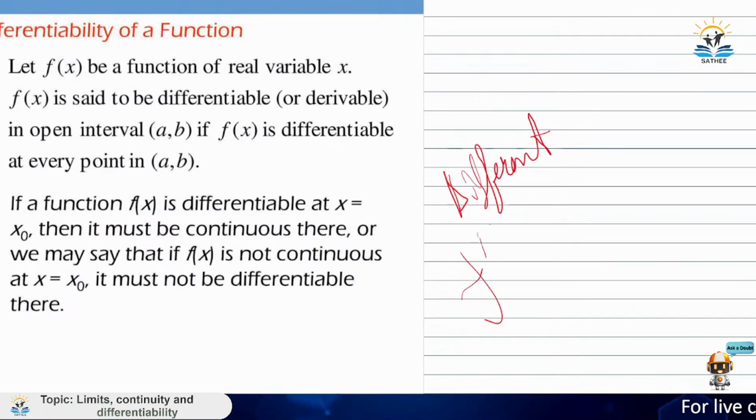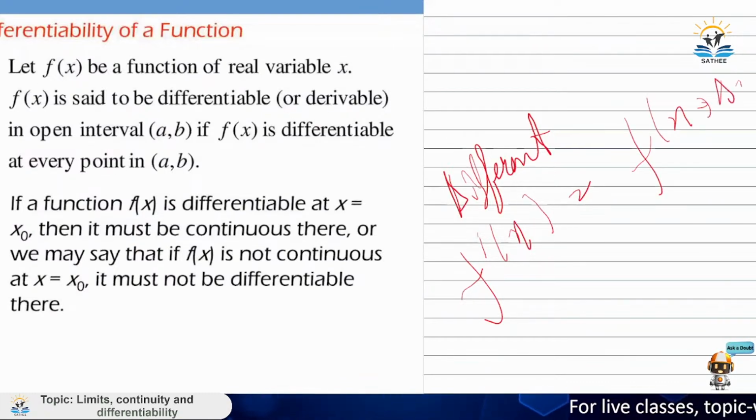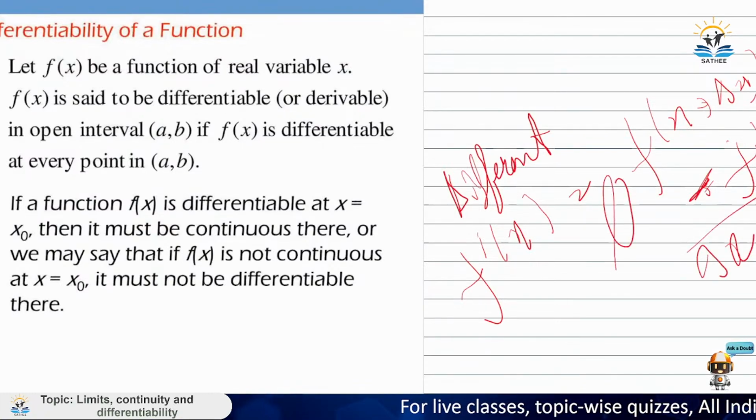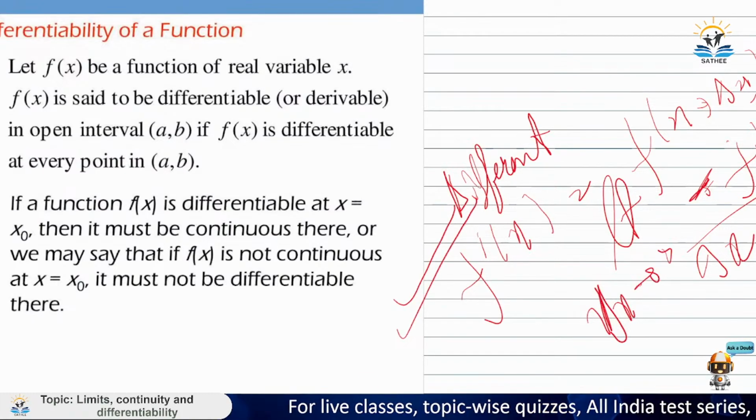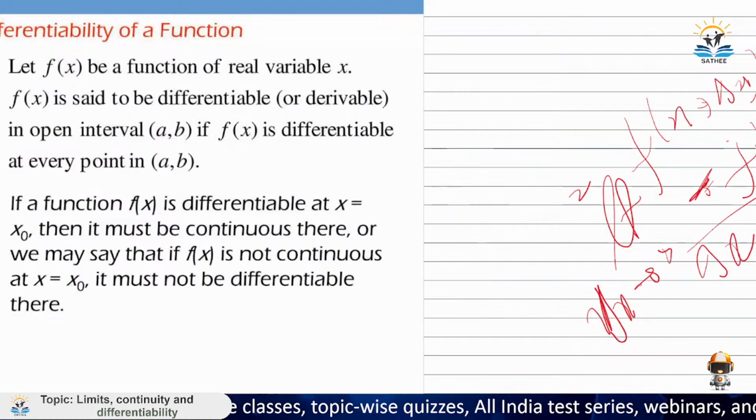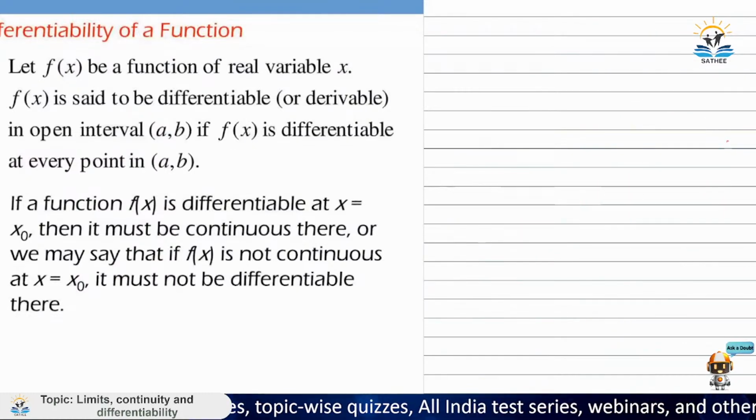We can say f dash of x is equal to the limit as delta x tends to 0 of f of x plus delta x minus f of x, upon delta x. It is an important definition of differentiation that is usually used in the limits and continuity chapters.